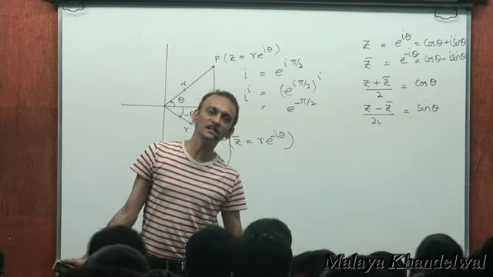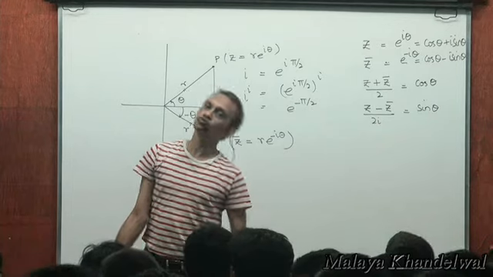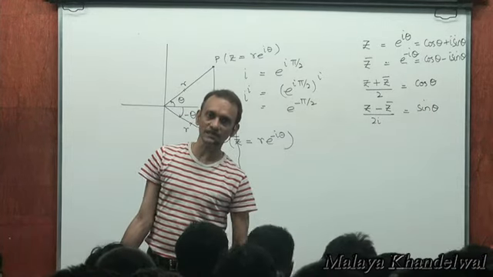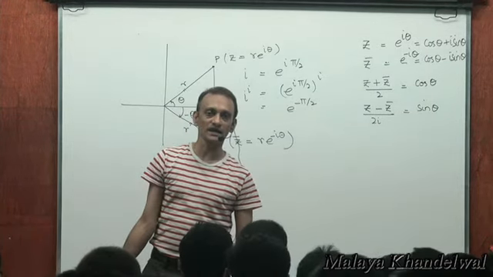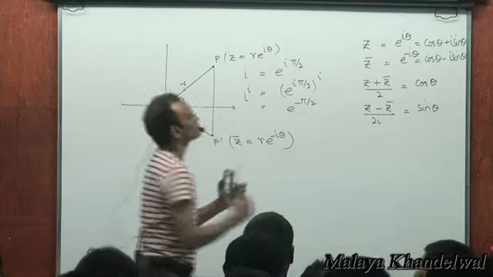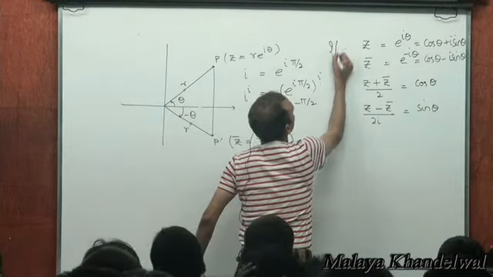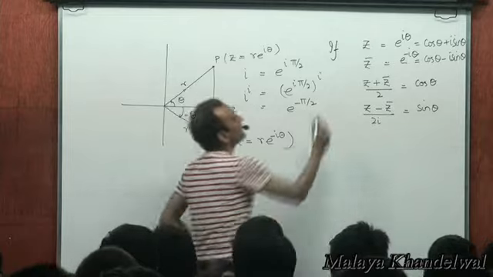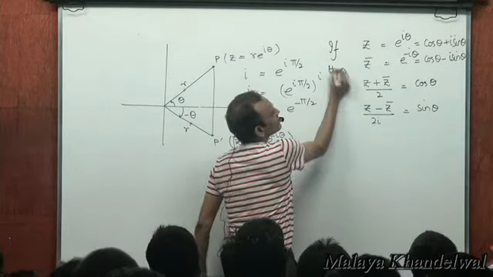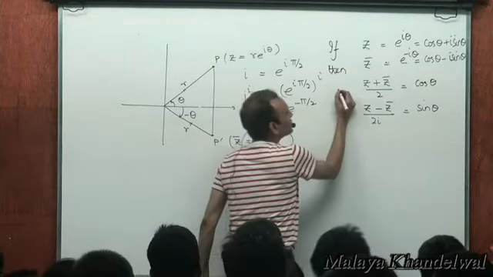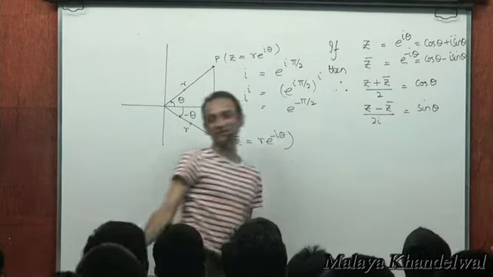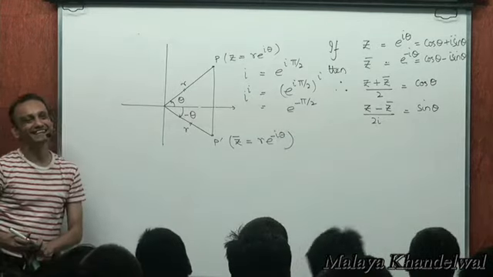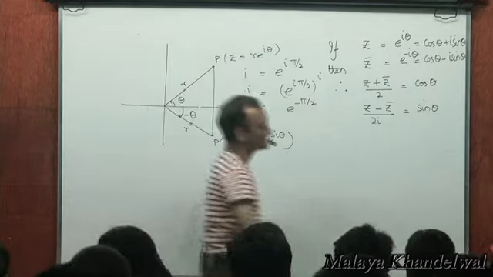I selected z equal to e power i theta. So z bar would become e power minus i theta, which is cos theta minus i sin theta, right? So if z is this, then z bar would be this. Right? Okay.